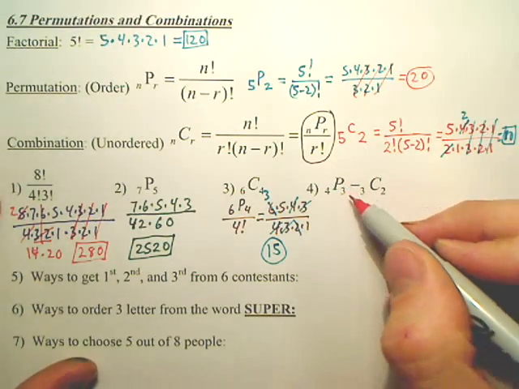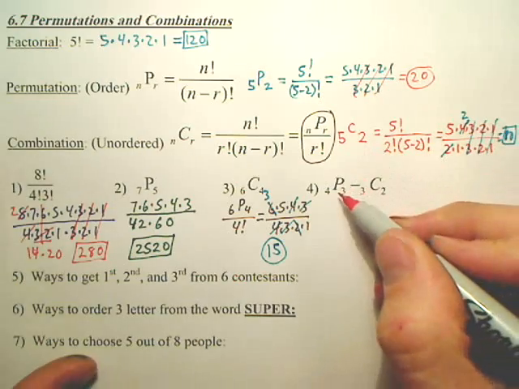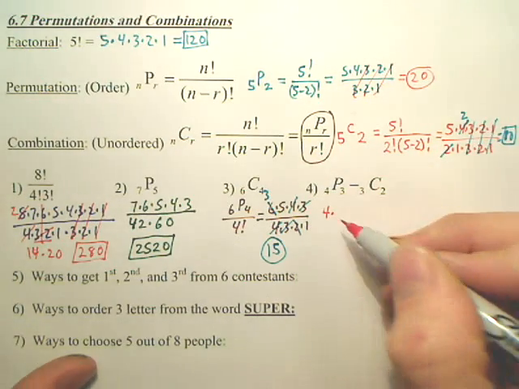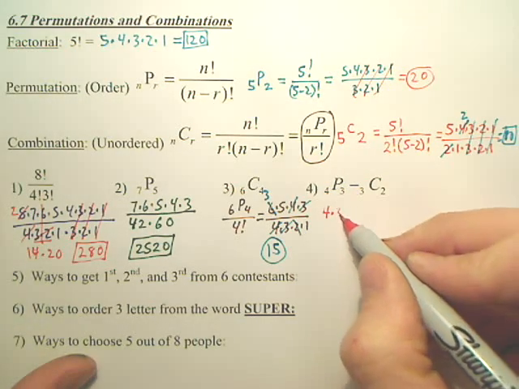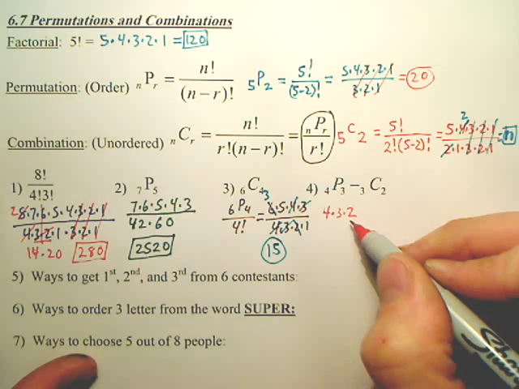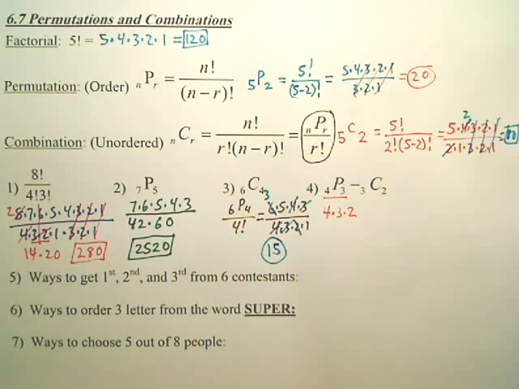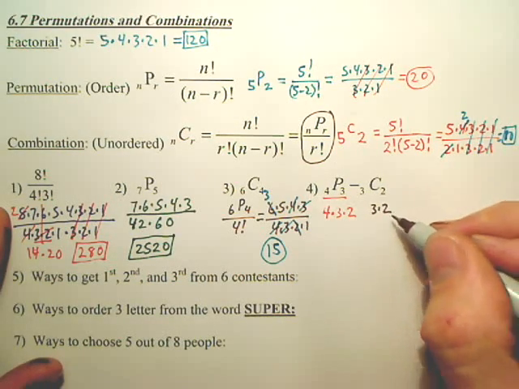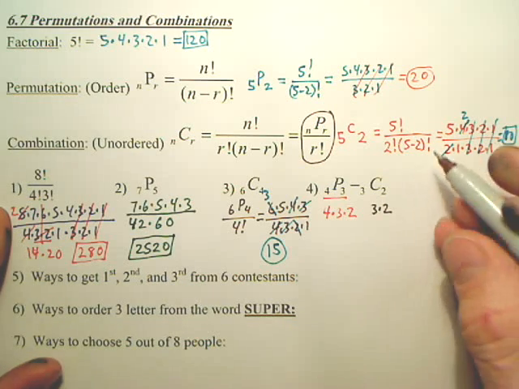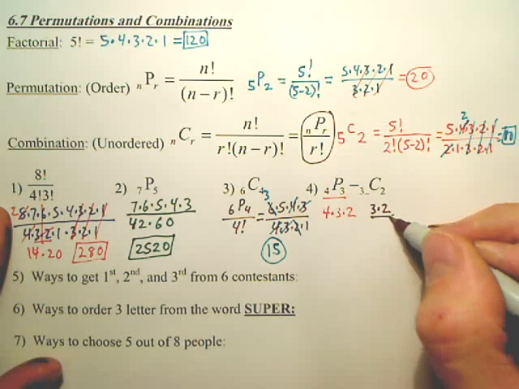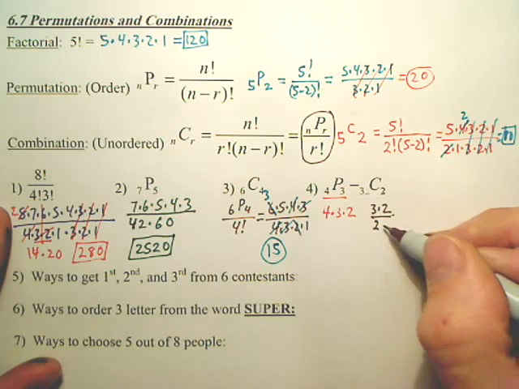Now, 4P3. Another way of writing 4P3 is 4 times what? 3 times 2. Don't we start with 4 and go 3 terms? How do you rewrite 6C2? Well, 6C2 is 6 times 5 over... we don't go all the way down. We do the first 2 terms of 6, and we divide by 2 factorial.